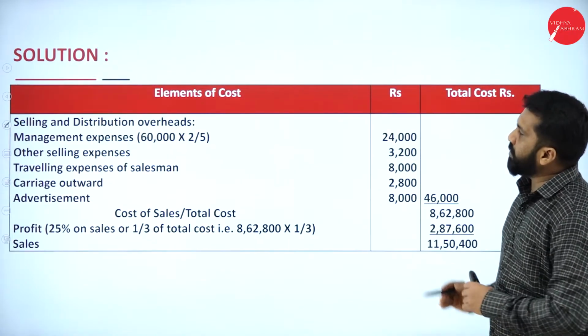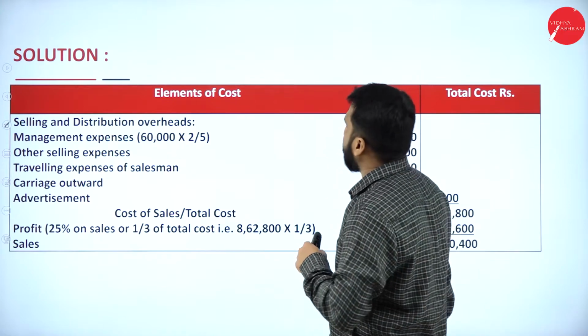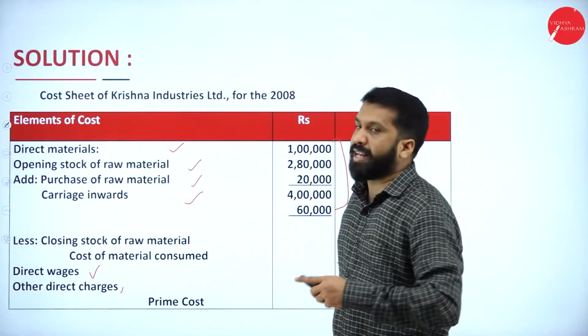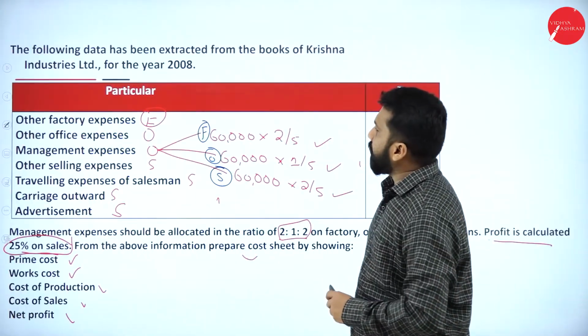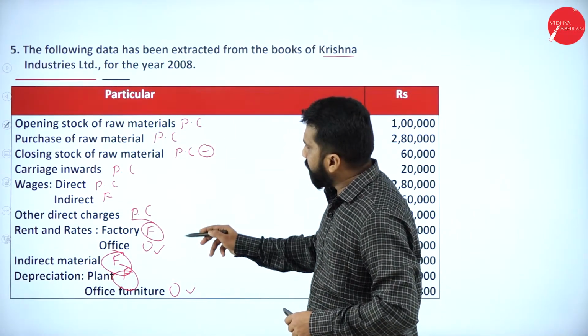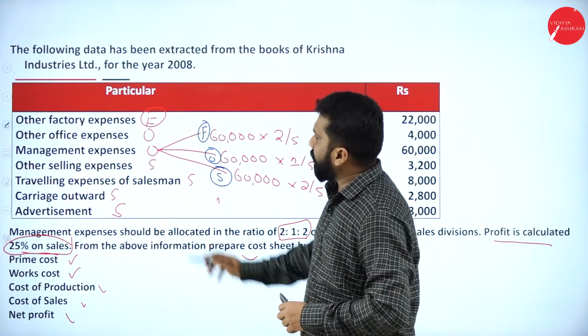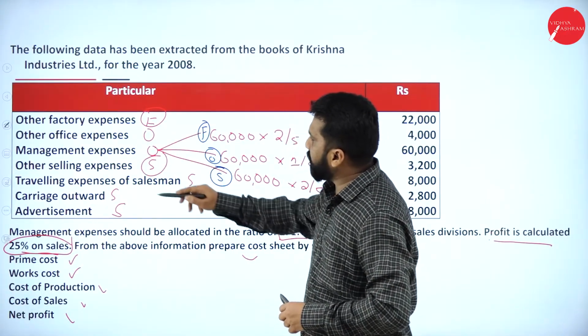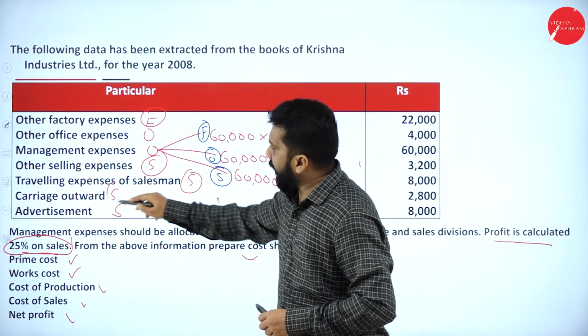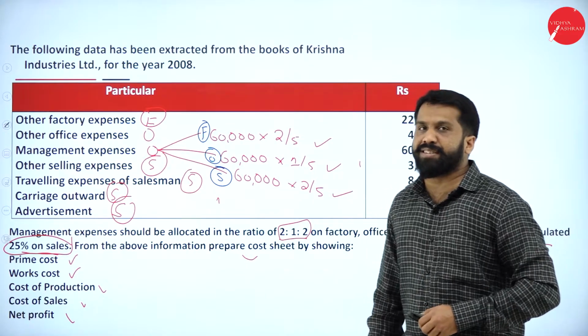Now, once you're done with this, we'll go for selling and distribution overhead. Under selling and distribution overhead, I'll go back to your question. Do we have anything under selling and distribution? Yes. In the first sheet, we don't have anything. In the second one, we have other selling expenses, traveling, carriage, advertisement. These are called selling and distribution.